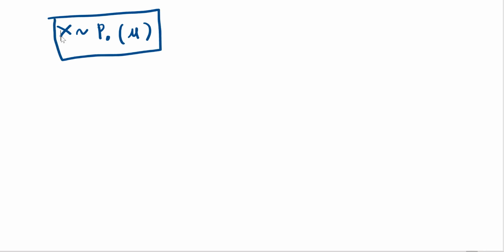The notation of the Poisson distribution: mu is equal to the mean or average of events.